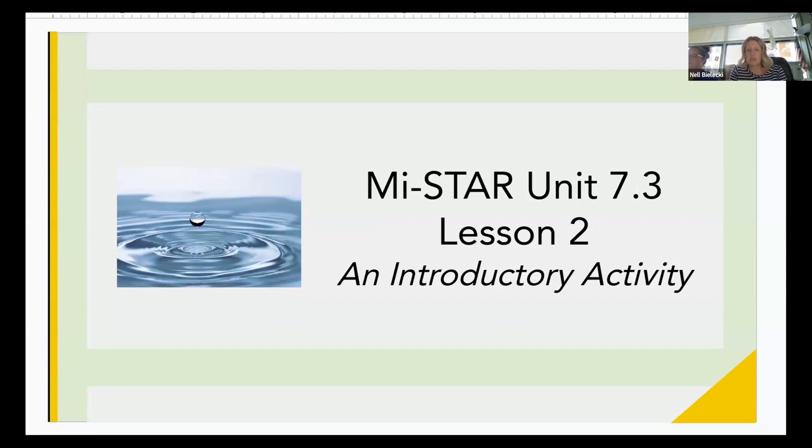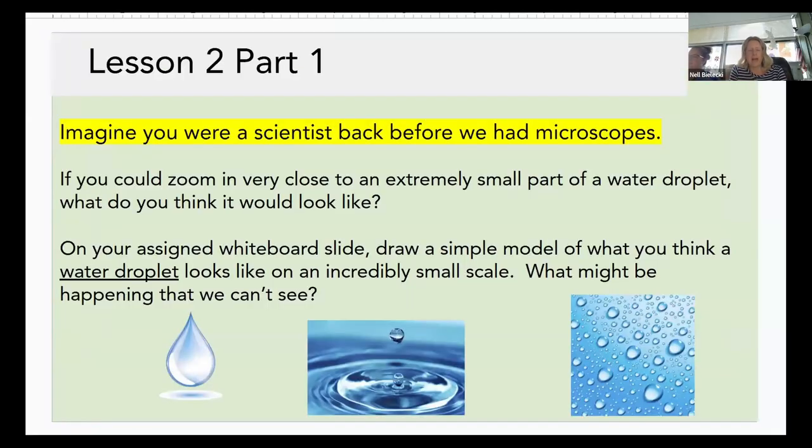This activity is not officially part of MyStar, but it fits really well in allowing students to start developing a conceptual model of what might be happening to that water on a very, very small scale, at the molecular level.